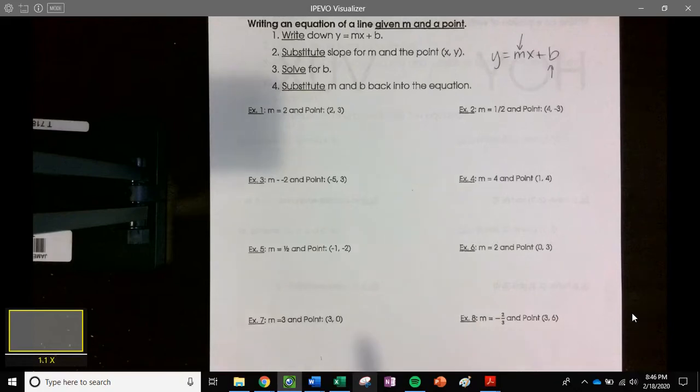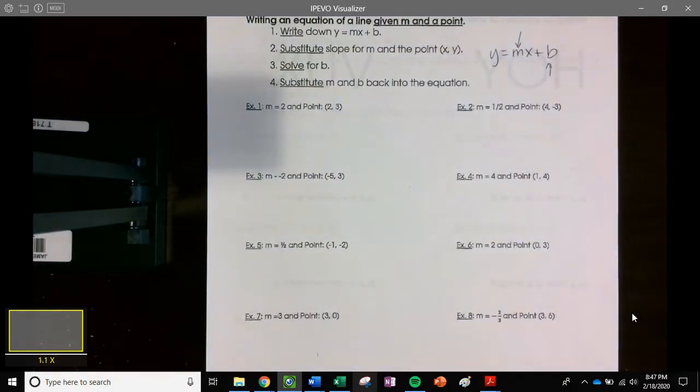When we are figuring out how to write the equation of a line, given slope and a point or given 2 points, it is critically important to remember that in the end, your final equation of the line should have a number in the spot where the m is and a number in the spot where the b is. And x and y should remain as x and y in that equation.